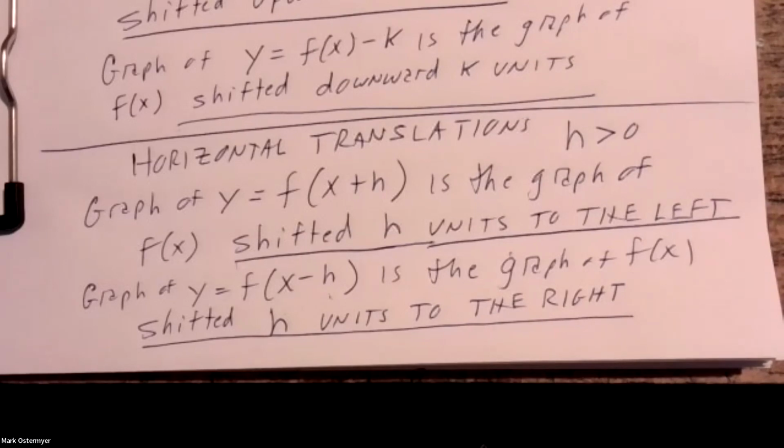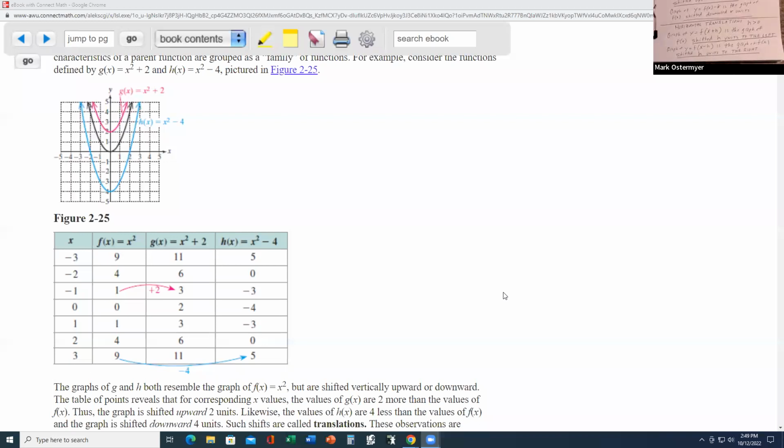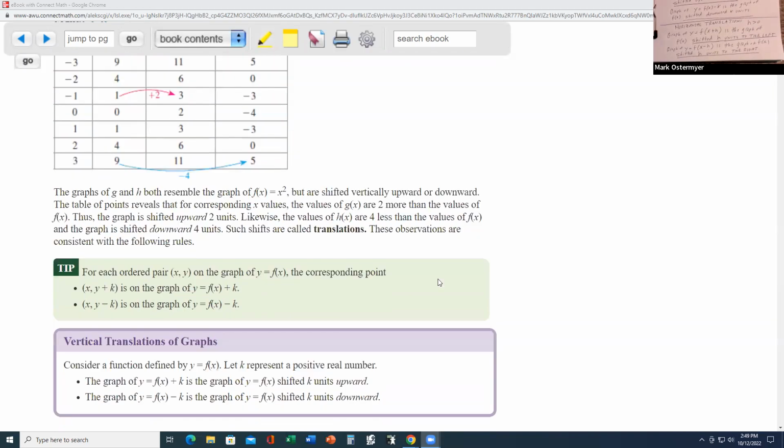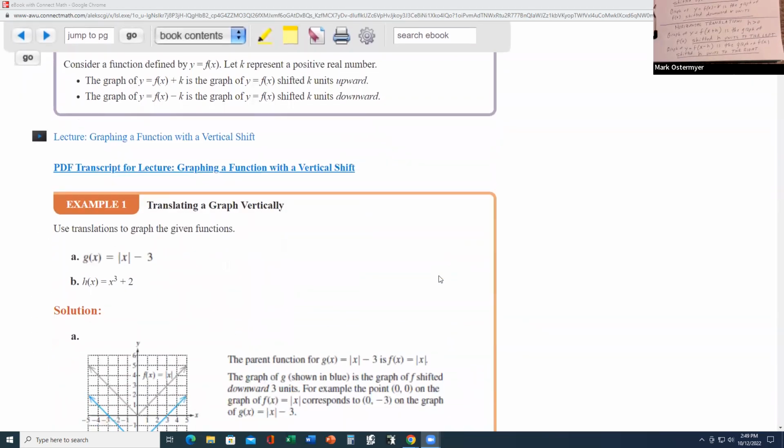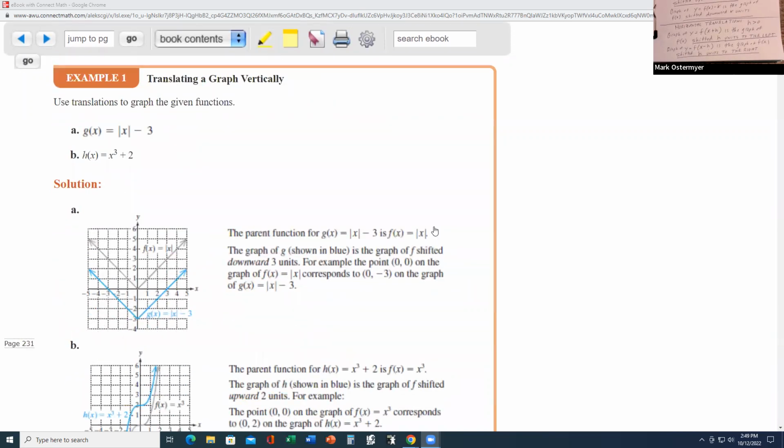All right, let's go back to the textbook. Example number 2 is in section 2.6 here. Example 1 is just illustrating vertical translations.